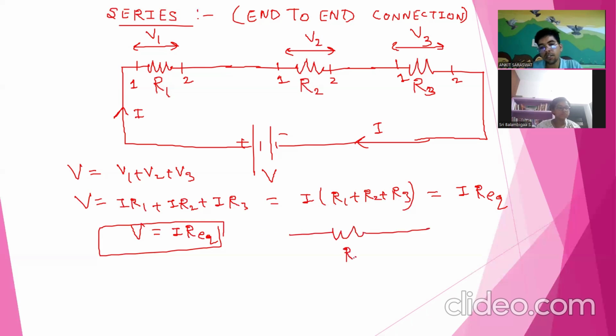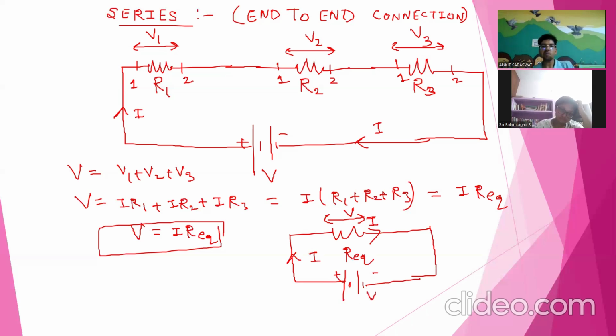R equivalent means this. How much current is passing through it? I current. Then how much voltage drop? V. Clear? Yes, sir. This is the equivalent circuit which I have drawn here. Any doubt?